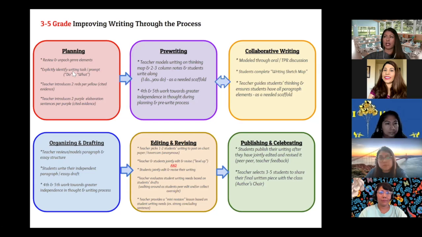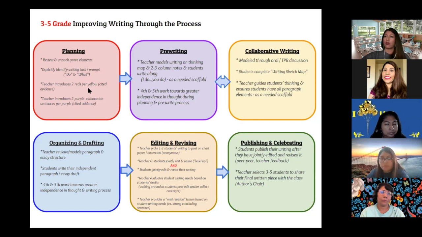Another part of the planning routine is what we call the do and the what. And so that's where we're going to dissect the prompt. And so the students are very clear. We know that student clarity is super important in order for the students to be able to be successful. They need to be very clear on what the expectations are. And so this routine, dissecting the prompt of the do and the what, will help nurture that.